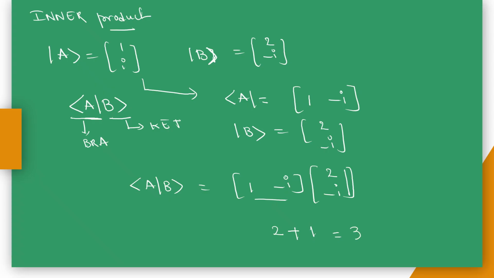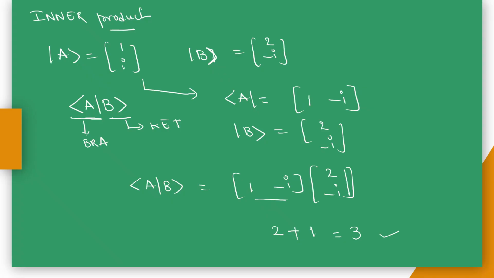Then finally the value is like 3. So the inner product between (1, minus i) and (2, minus i) is taken as 3. This is the answer.